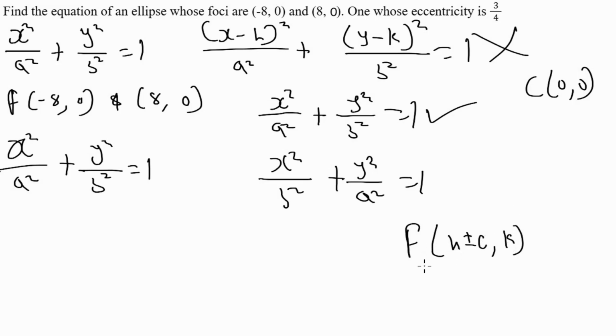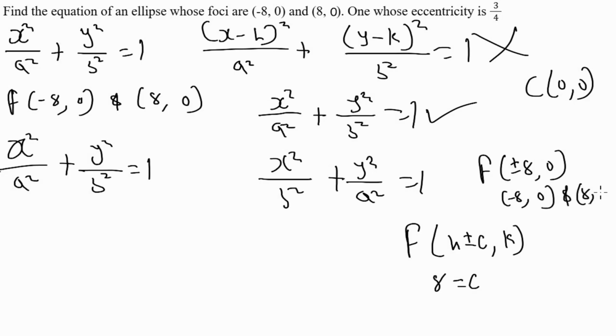H is 0, k is 0. That's why we have it as (-8, 0) and (8, 0). 8 is equal to the value of c. Because h and k are 0, that's why we have the foci to be plus or minus 8, 0. That's why the first one is (-8, 0), and the second one is (8, 0). So thus the value of c is equal to 8.